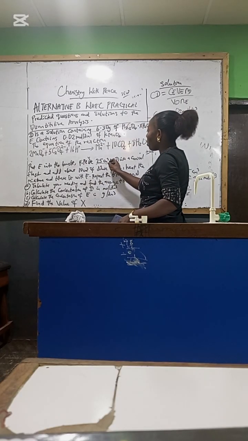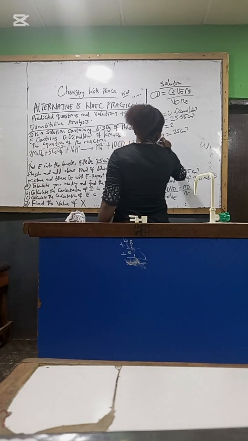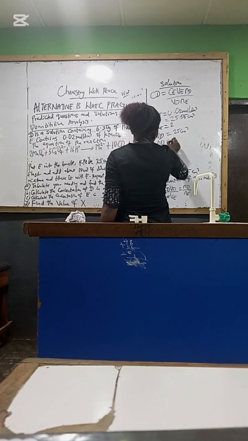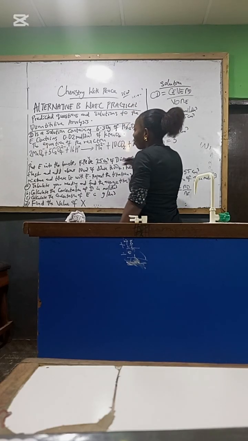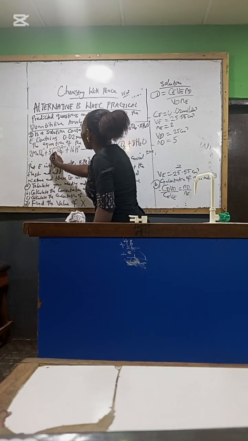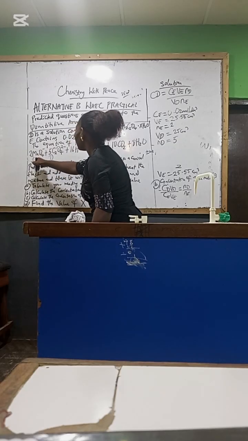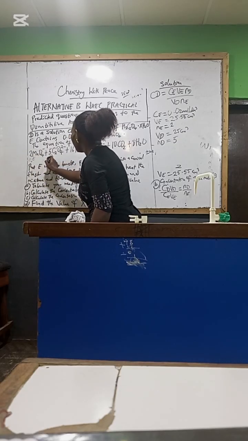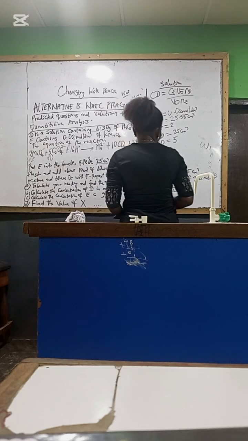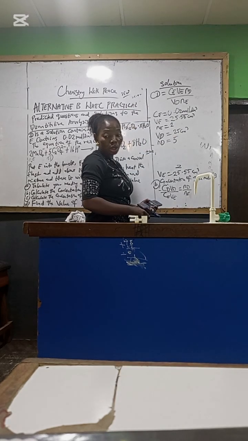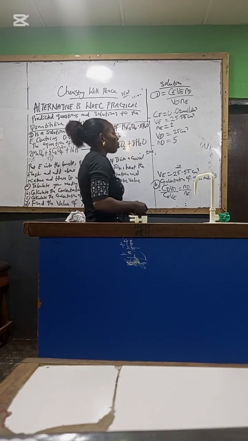Then our ND is equal to 5. This is D and this is E. This is NE, this is ND. Now we are going to substitute the value in order to solve the question.